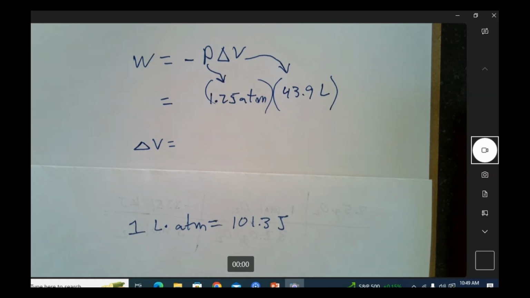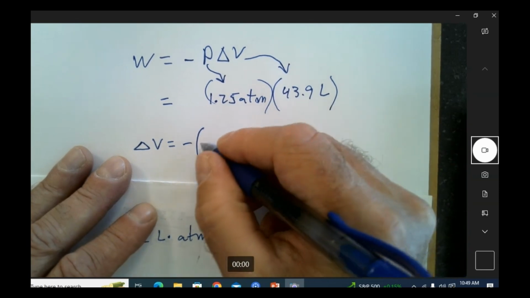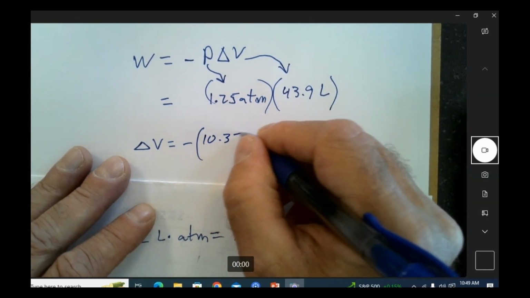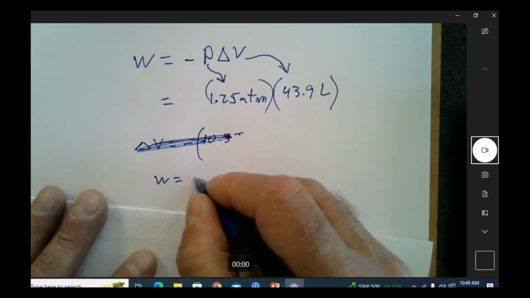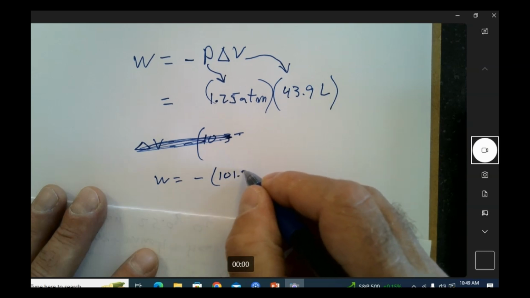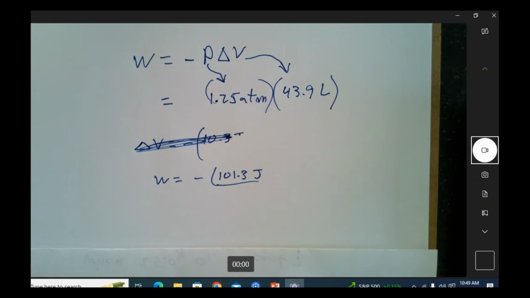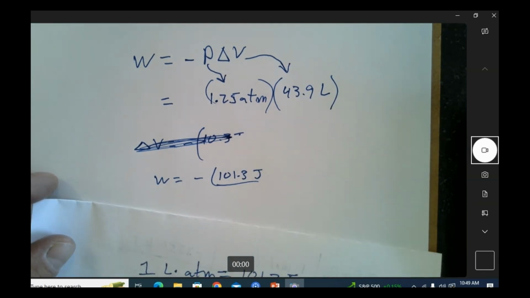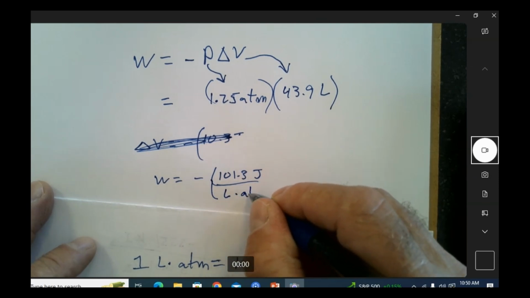So work, got to have an energy unit, and I see an energy unit of joule here. So I'm going to go negative 101.3. Let me start all over. Work equals negative 101.3 joules per liter atmosphere, down in the bottom, liter atmosphere.